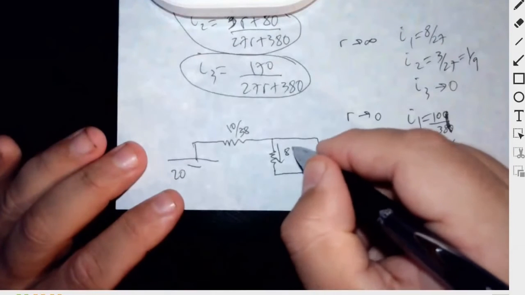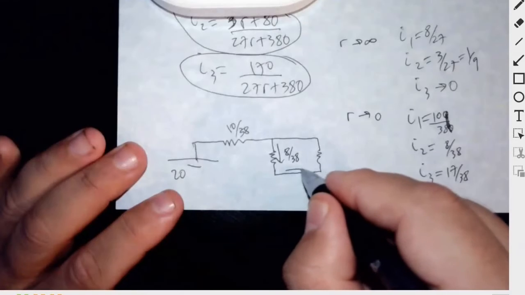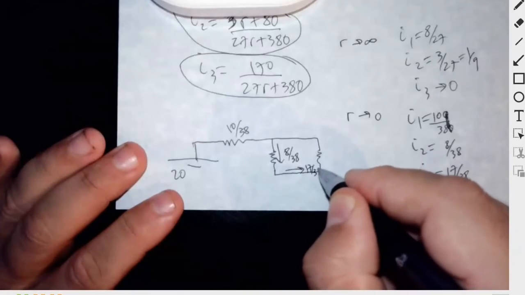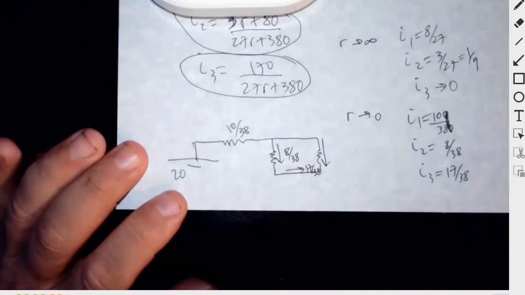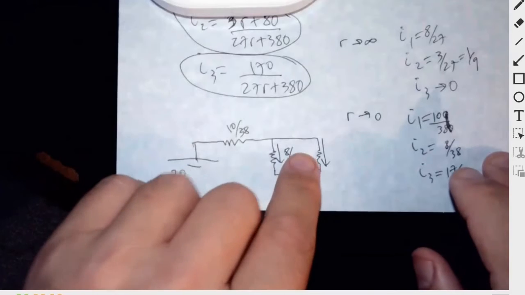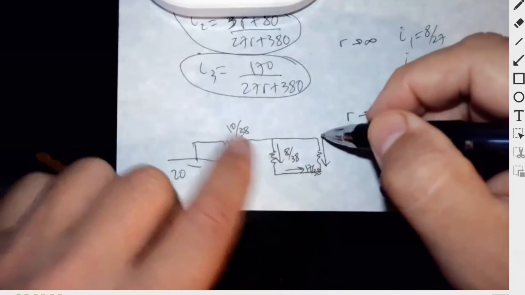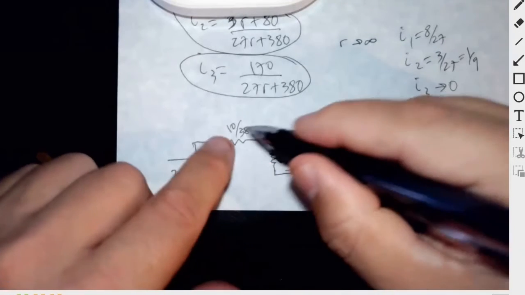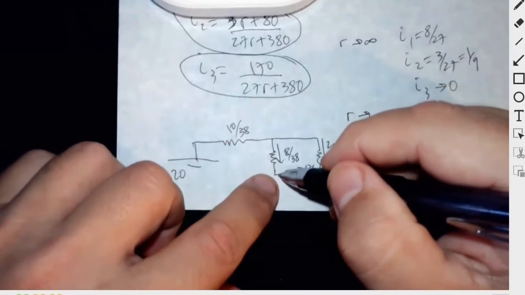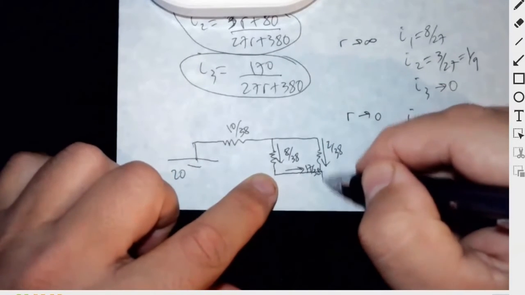This is 8 over 38. And then this one, 17 over 38. And then down this way would be what? I1 minus I2, right? Yeah, that one we called I1 minus I2, which would be this minus this. So it'd be 2 over 38. So you see 10 over 38 comes, then you got 8 over 38, 2 over 38, and then what would be this guy?